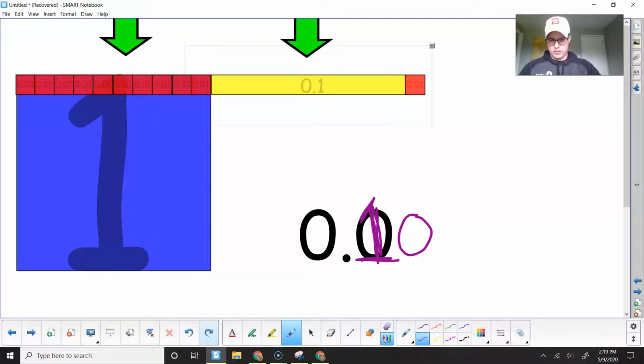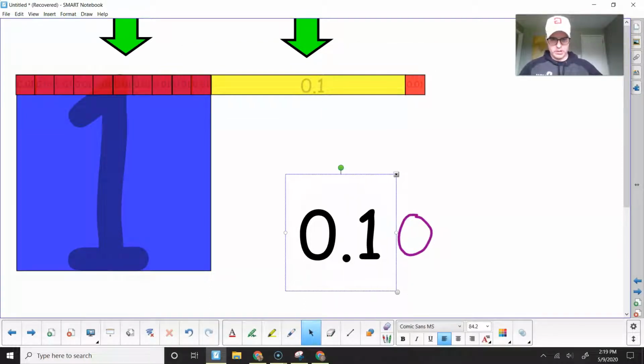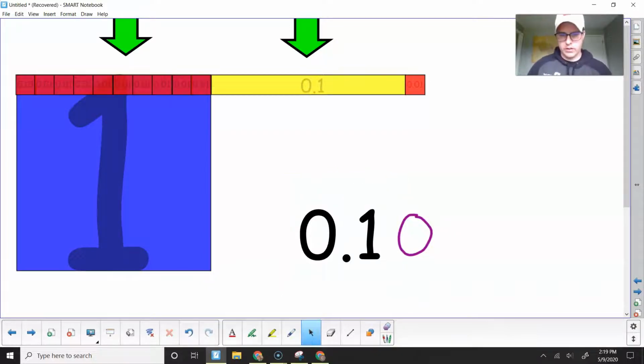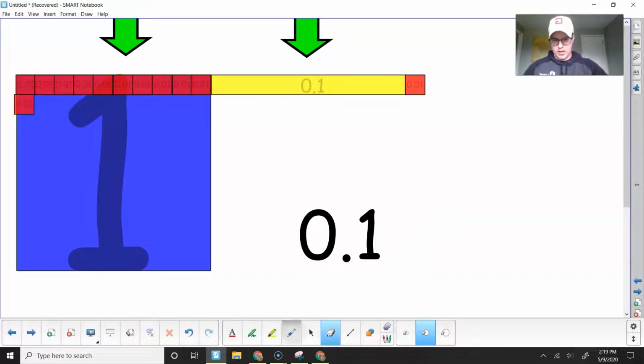Now, I'm at 0.1. So let me go in here and edit my number. So 0.10 if I'm talking about hundredths. Let me add another one. Aha, now I'm at, how many do I have?